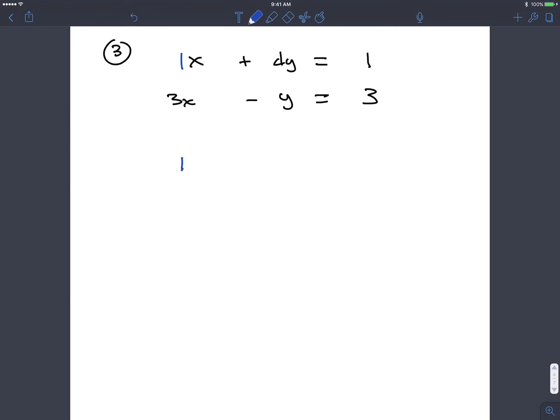So I got 1, and then I got 4. Augment this with 1. And then I have a coefficient 3, and this is negative 1, and then a 3.